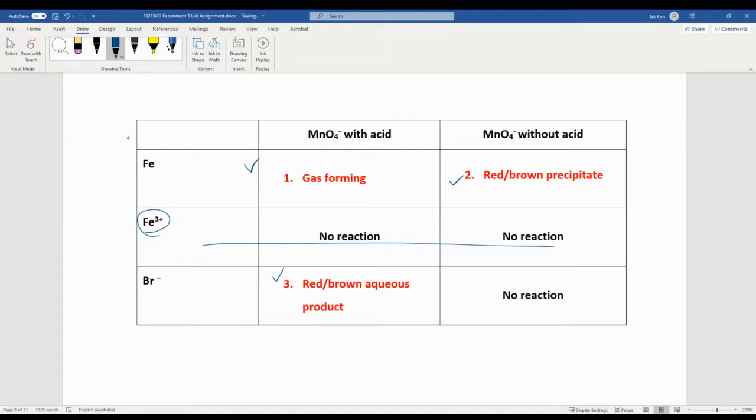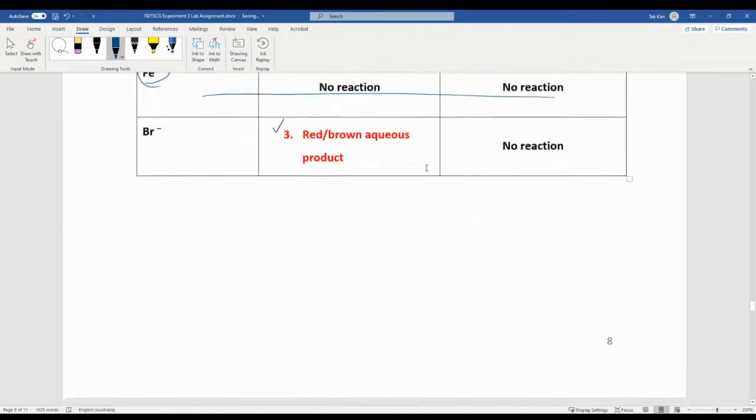And then when it comes to bromide, it will be oxidized in the presence of acid, which is H plus. And without acid, the reactivity is not strong enough, so it's not going to be happening. And because of that, these 3 will work, and then you'll need to balance these ones.